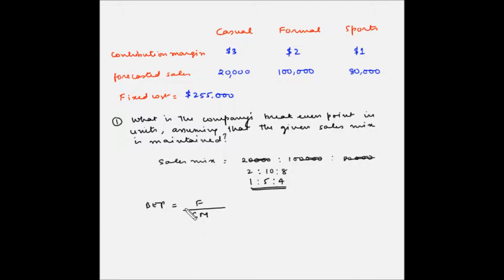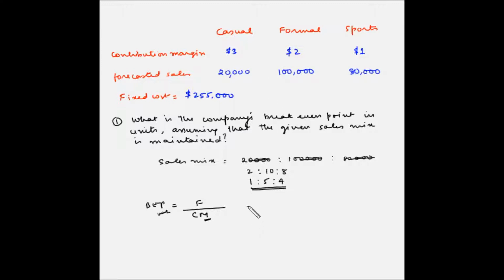Basically the formula here for break-even point in terms of units means how much is being contributed by each unit on an average to recover the fixed cost. So we have to find out the average contribution margin, and in this case it will be a weighted average because we have different sales for each of the product lines and different contribution margins.